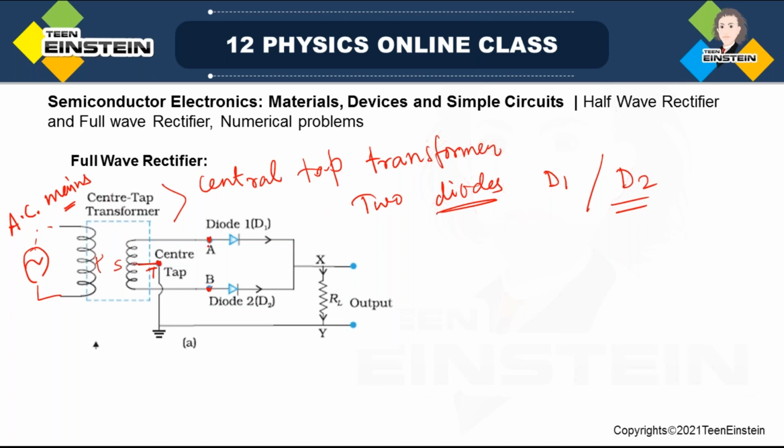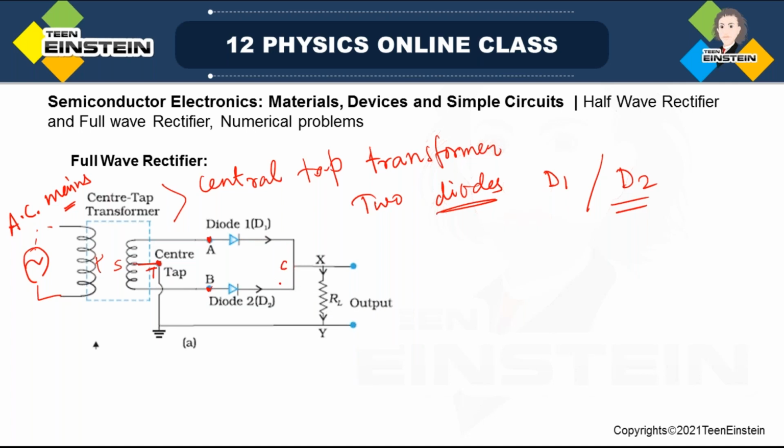You can see that. See, this A is one terminal which is connected to the P side of D1, diode 1. Okay, and its N terminal is connected to this point which is a common point.